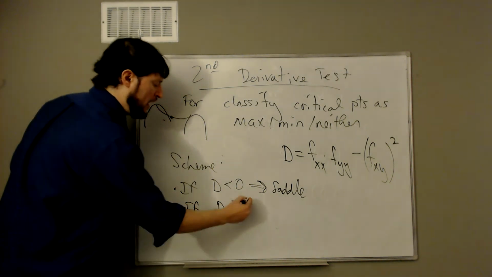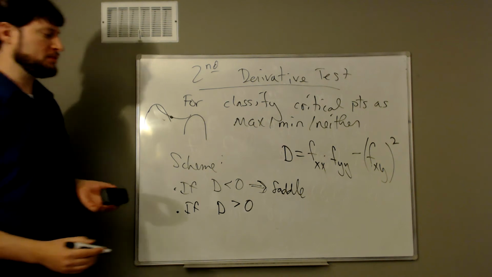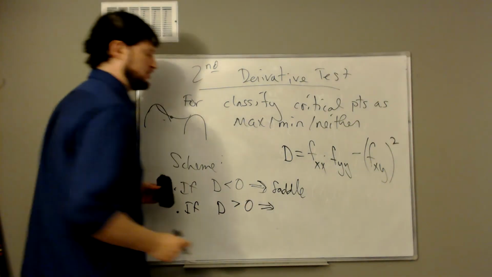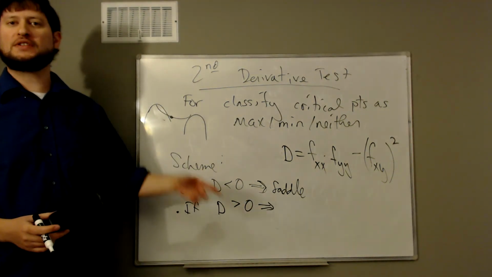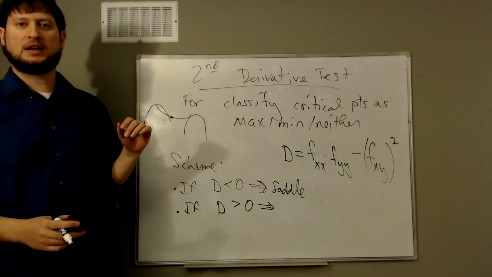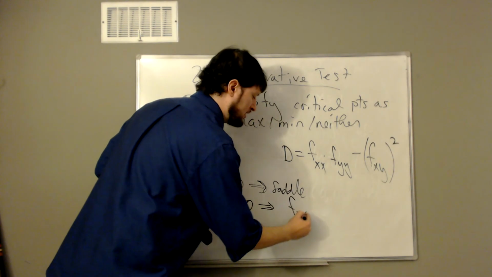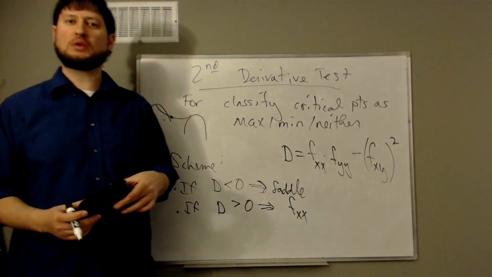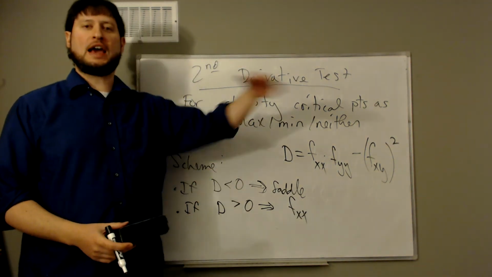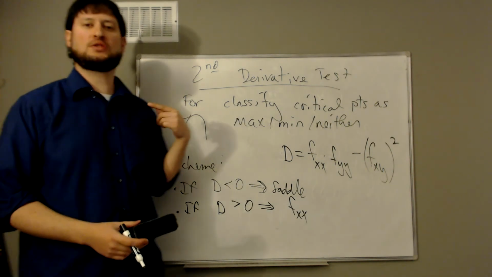If D is positive, well then it's definitely a max or a min, and I just need to decide which one. So then I'm going to look at f sub xx. That's the second derivative, the concavity in the x slice, right? So in the x direction.